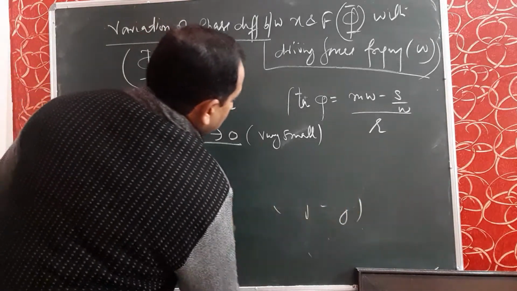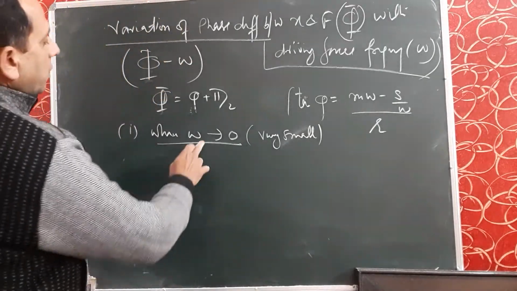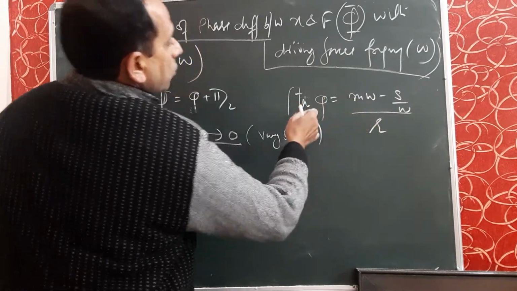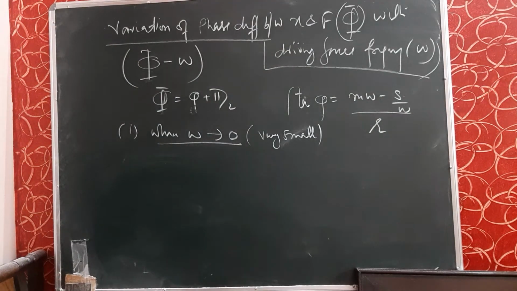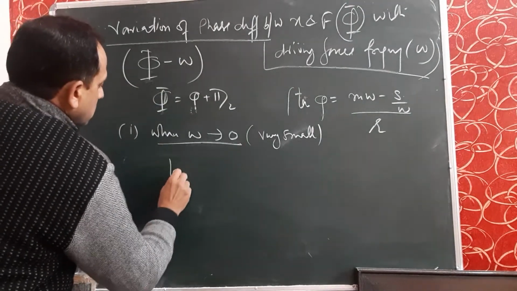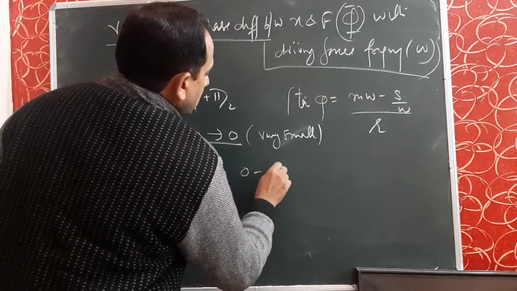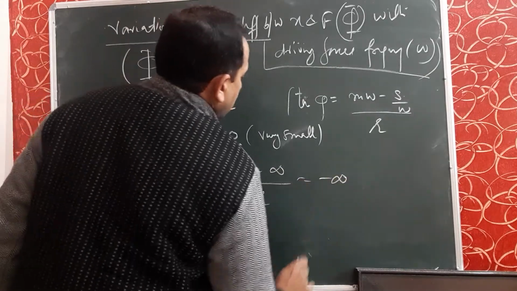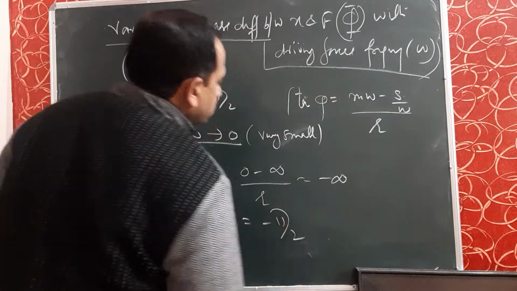Okay. Now, in the first case, when omega tends to 0, it will become m into 0, that is 0, minus s by omega over r. So, when omega tends to 0, then tan phi tends to 0 minus infinity, because something upon 0 is infinity, over r, that is minus infinity, and phi becomes minus pi by 2.